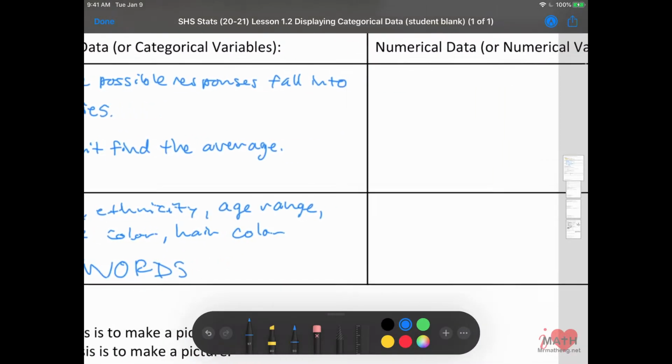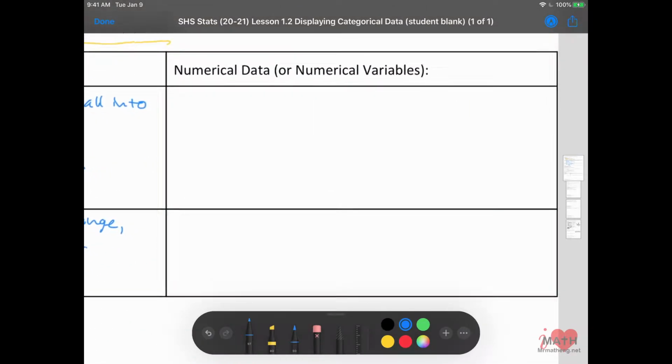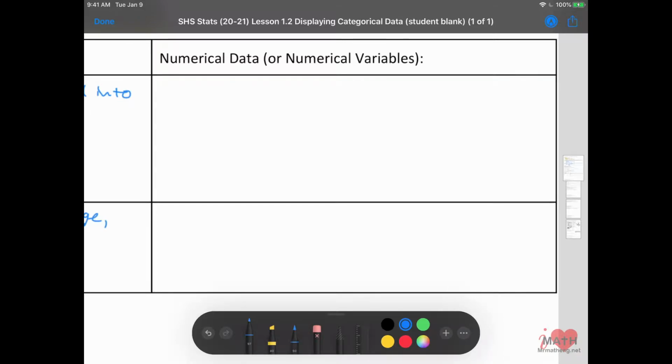Let's talk about numerical data. Numerical data is when the possible responses are numerical in nature.